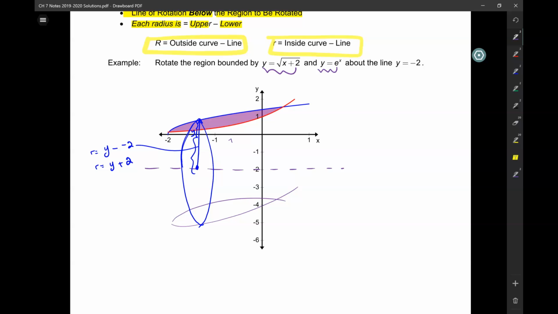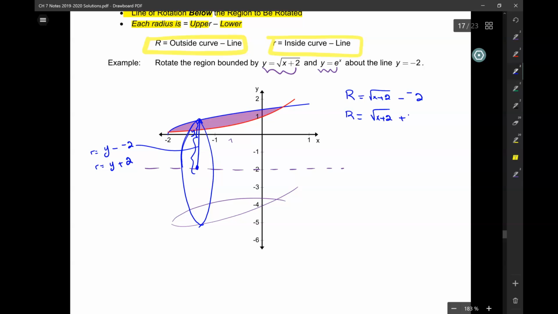So for here, the big radius is going to be the square root of x plus 2 minus negative 2. And so that, in fact, is the square root of x plus 2 plus 2. Okay, the little radius.